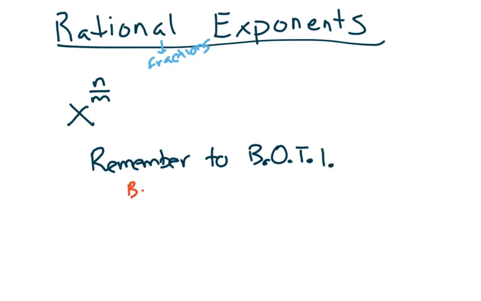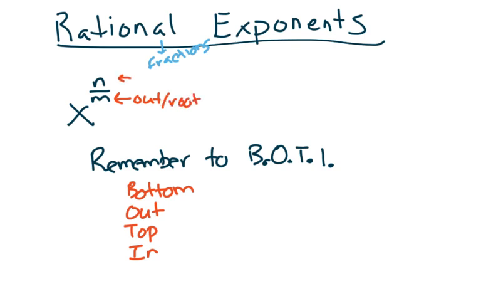It stands for bottom out, top in. So the bottom number is going to go out, and this is going to tell us the root. And the top number stays in, and this will be our exponent.